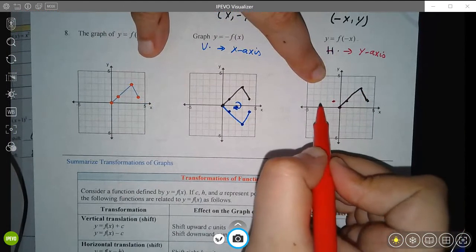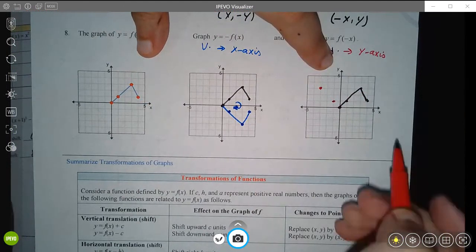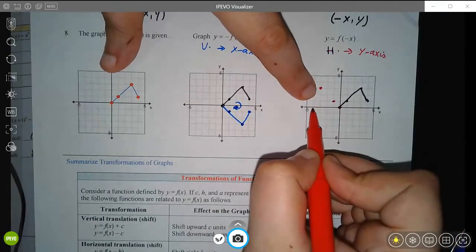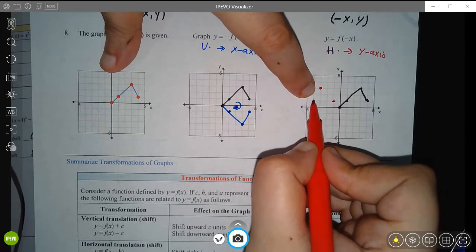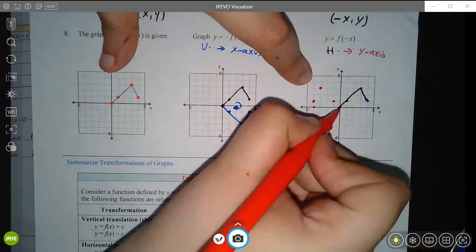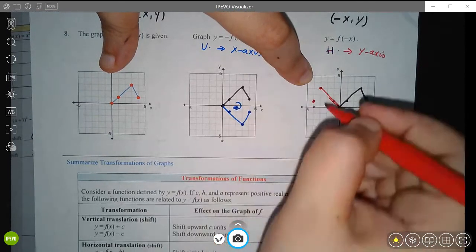Now it's going to turn to negative 3. So right here. And then when y was 1 again, x was positive 4. Now it's going to become negative 4. So right here. So the function looks like that.